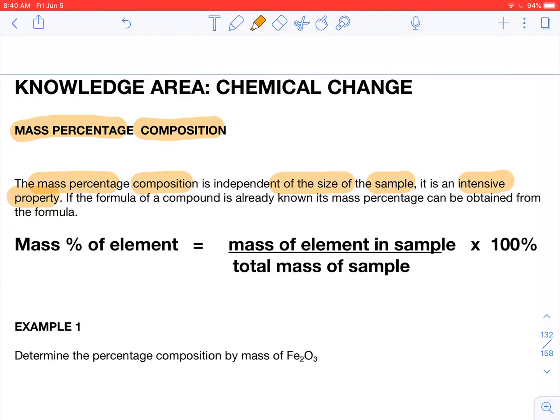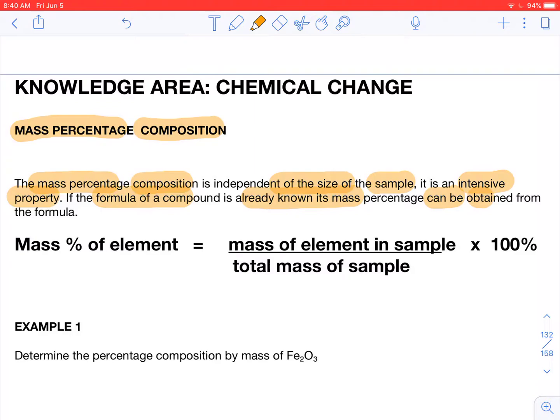The formula of a compound is already known here. So we know the formula of the compound, and its mass percentage can be determined. We want to know the relative masses of the respective elements.